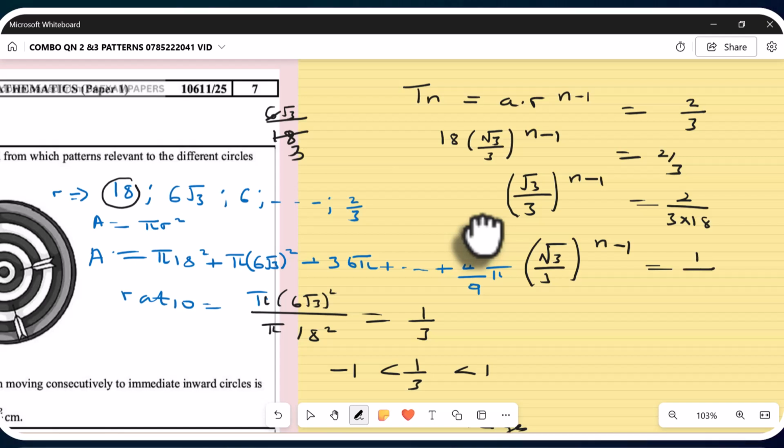Negative 3 here. So divide by that one there, I'm going to get n minus 1 equals 3 divided by 0.5, né? Isn't it? So my n is going to be 1 plus 6, which makes 7. So there are 7 circles altogether.